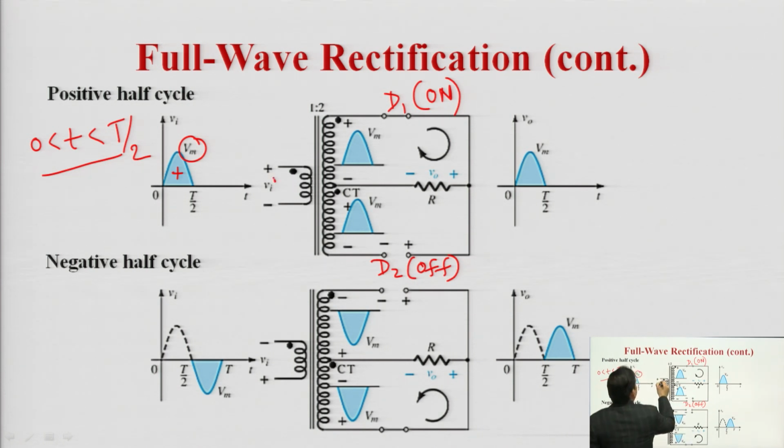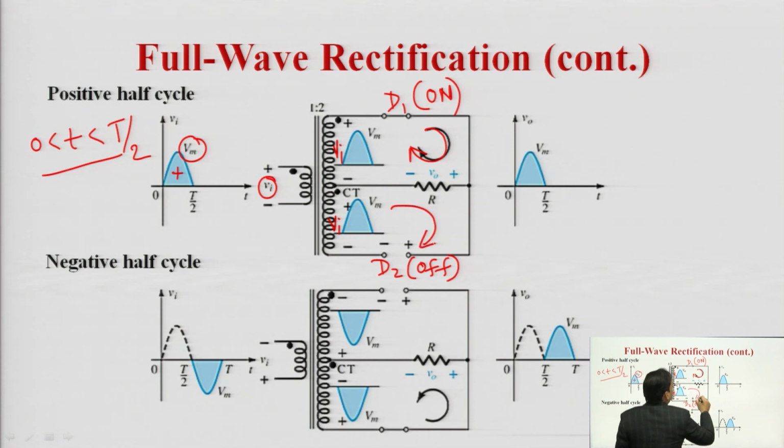The same voltage Vi will be induced to the secondary side, and Vi will try to flow current in this particular direction. As a result, diode D1 is on and diode D2 is off.